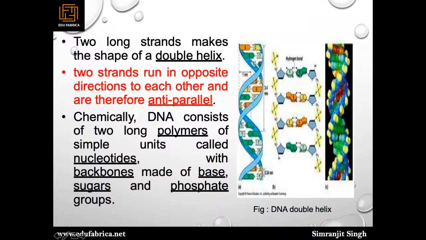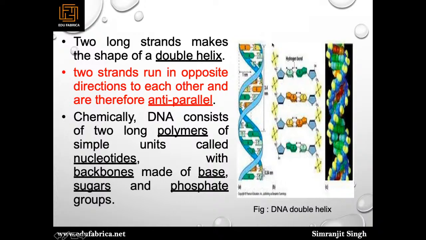Beyond these nucleotides, thymine and adenine, guanine and cytosine, there is some sugar, deoxyribose sugar, and they are connected with the help of the phosphate group. This way a side backbone chain is made in parallel, and on the other side too.